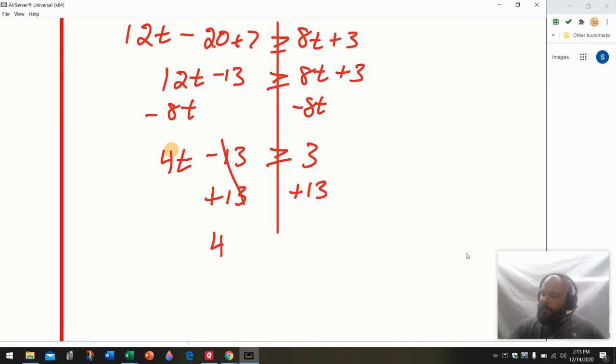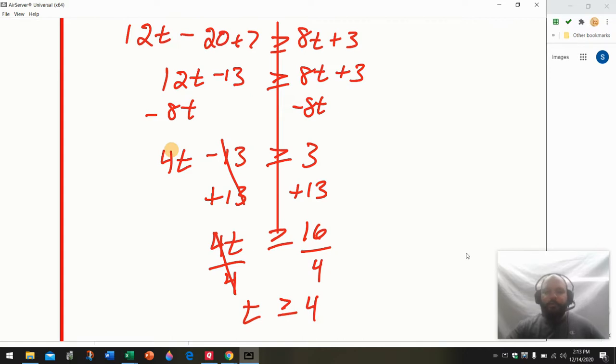And then I'm going to have 4t is greater than or equal to 16. And lastly, I'm going to divide both sides by 4. And I'm going to get t is greater than or equal to 4. And there is our final answer. T is greater than or equal to 4.